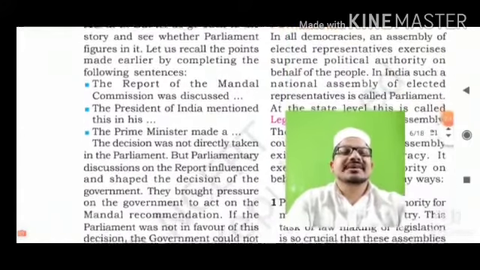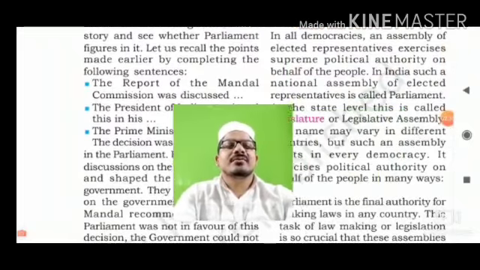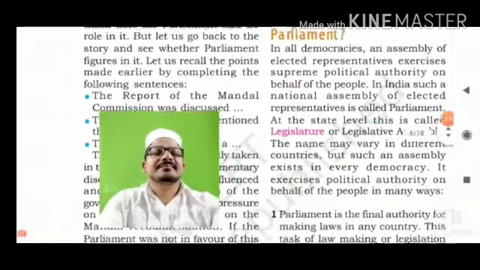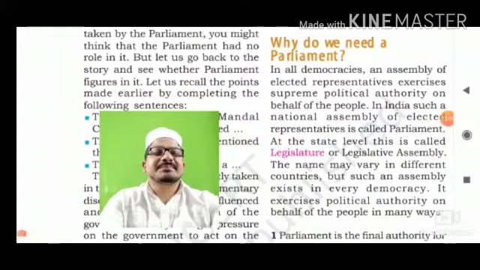Next, we can move into the definition of Parliament. You just look at the first paragraph under the heading, why do we need a Parliament? In that paragraph, you can see the correct definition of Parliament.